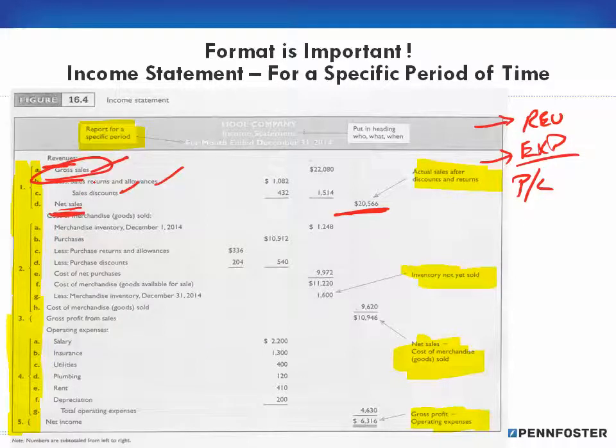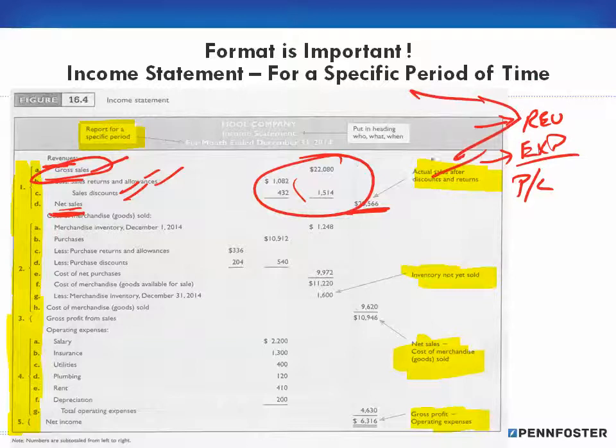But by having additional accounts, I'm able to look at this information and I'm able to analyze it. So we expand to include a lot of this other information.